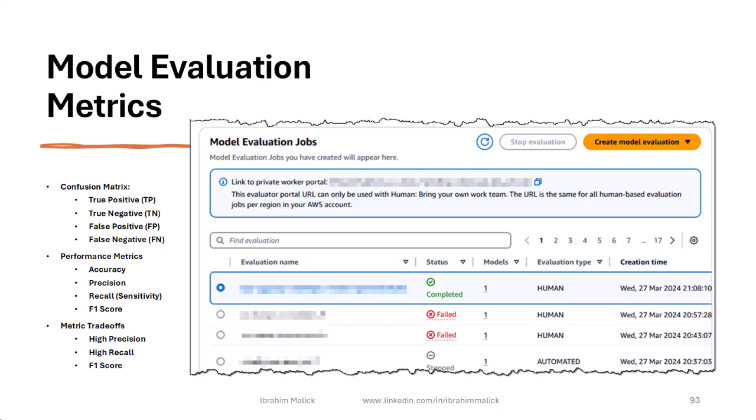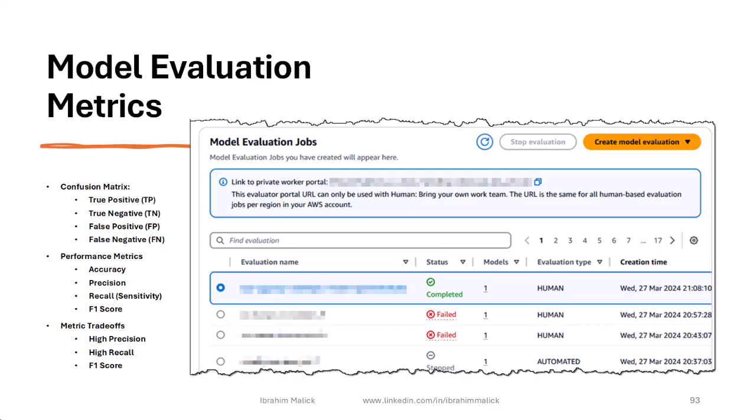Now let's talk about the metrics we use to make sense of these numbers. Accuracy is the simplest. It is just how often our model is right overall. But accuracy alone can be misleading. Imagine if only 1% of emails are spam. A model could achieve 99% accuracy by just marking everything as not spam. This is where precision and recall come in.